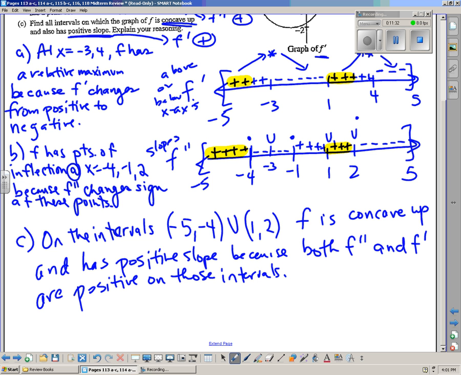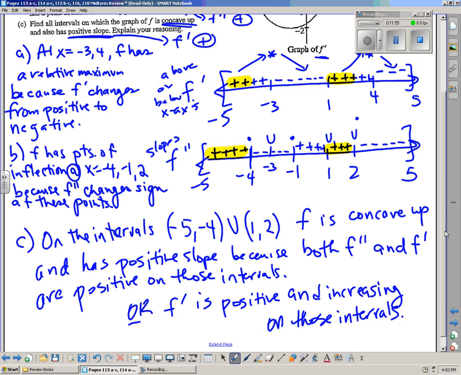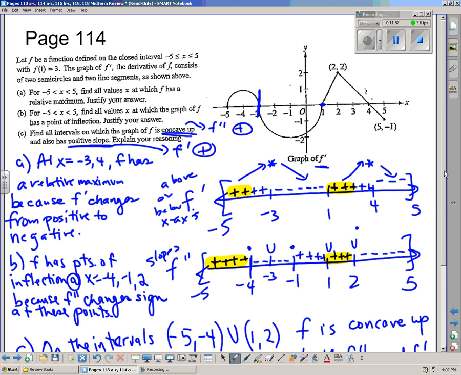Another way to say this is that f prime is positive and increasing on those intervals. So it's an alternate explanation. So for example, from -5 to -4, the derivative is positive and increasing. And from 1 to 2, the function is also positive and increasing.